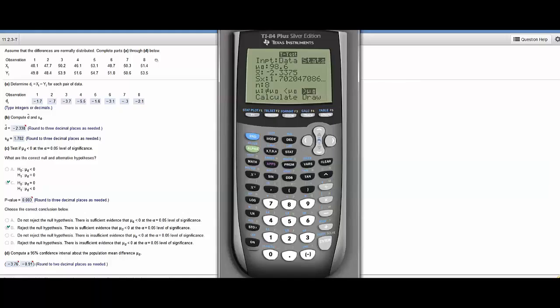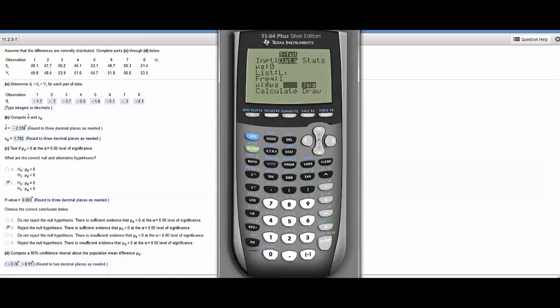I'm just going to tell it to pull everything from the raw data, and it's going to ask me for what's your null, and I expect it to be 0, because if there's no change between before and after, I expect the average to come out to be around 0. Then I'm going to tell it my numbers are in list 1. Frequency is 1, or blank, depending upon your model of calculator. And we want the alternative to be less than.